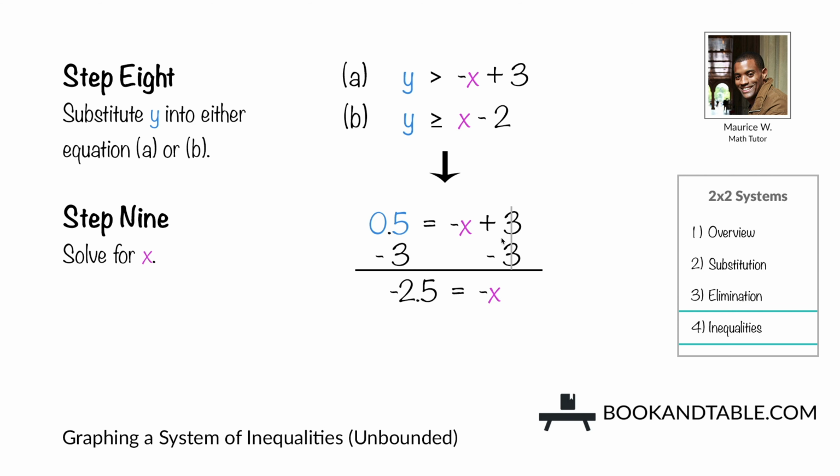And now you'll subtract 3 from both sides. 1/2 minus 3 would give you -2.5 is equal to -x. You'll divide both sides by -1, leaving you with x is equal to -2.5 divided by -1, which is +2.5.